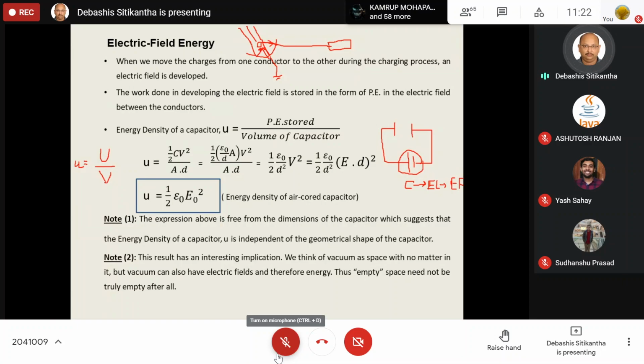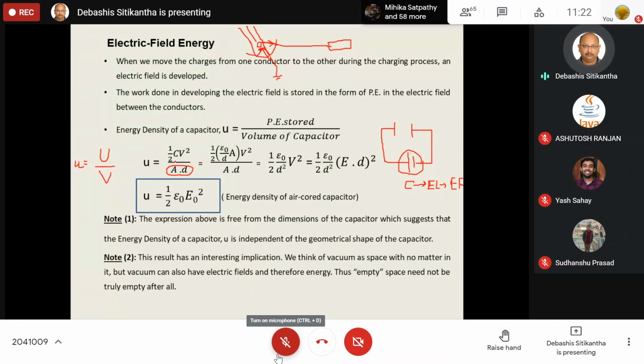In a parallel plate capacitor, the volume is given by the area of the capacitor multiplied by the distance between the two conductors. So we replace the volume by A D, and we replace the potential energy as half CV square.